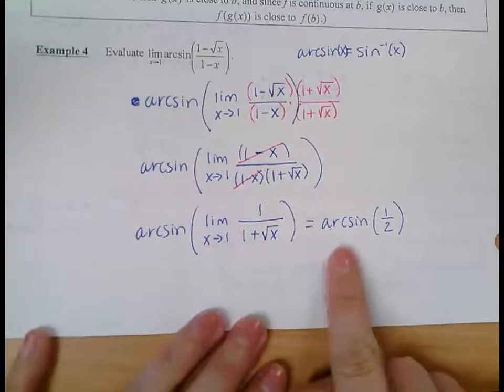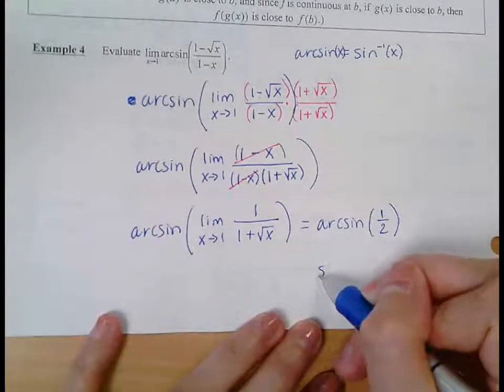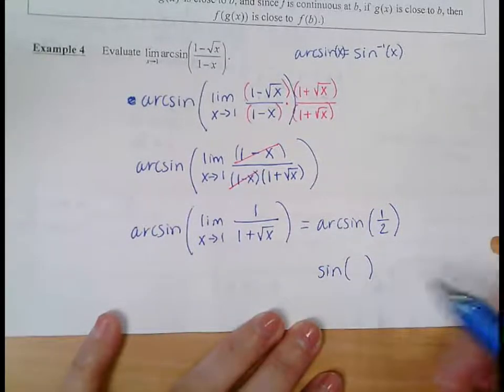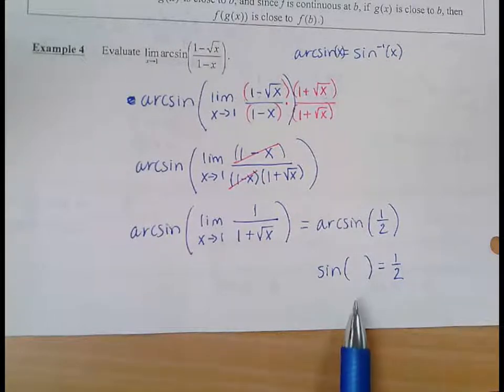Remember, when you're evaluating inverse trig functions, this means sine of what angle equals 1 half. Yes, you need to know these from trig, the unit circle, in radians. Anybody remember which angle? I forgot, I don't know the hand trick, but it is pi over 6.